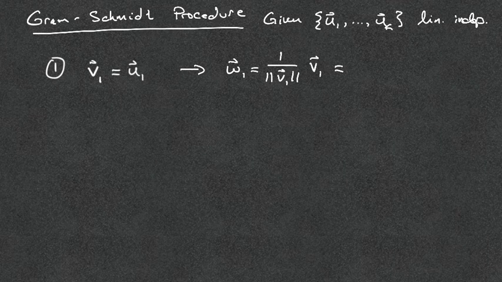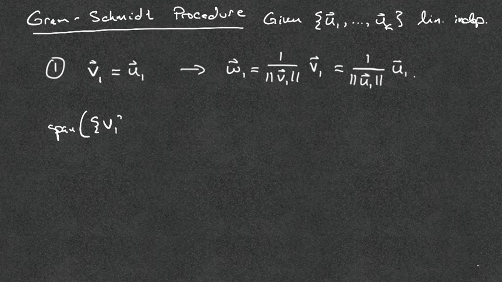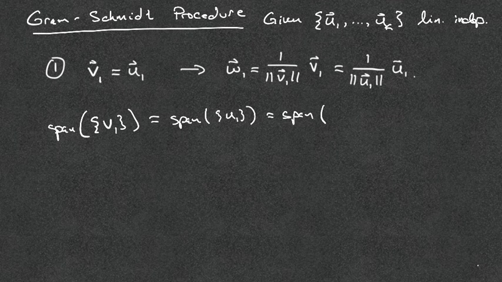So this is really nothing more than the unit vector in the direction of u1. Now, since we've just normalized everything, it's pretty obvious that our span of v1 is going to be equal to our span of u1, and that's going to be equal to the span of our w1.